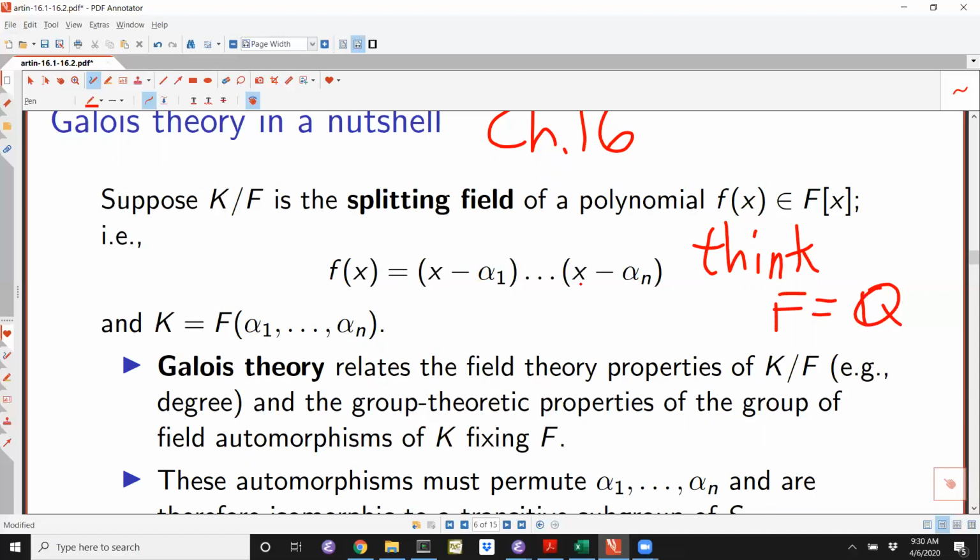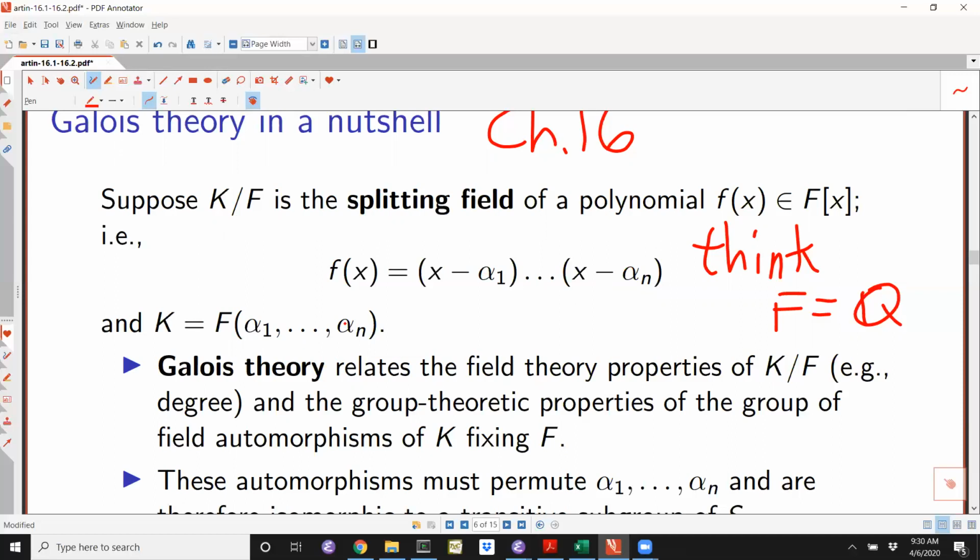You have to have those roots present in order to split f of x, because those have to be elements of K. But once you add those roots of little f, then little f will split. Okay, so that's what it means for K to be a splitting field.